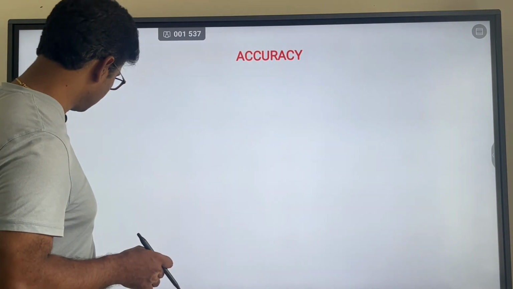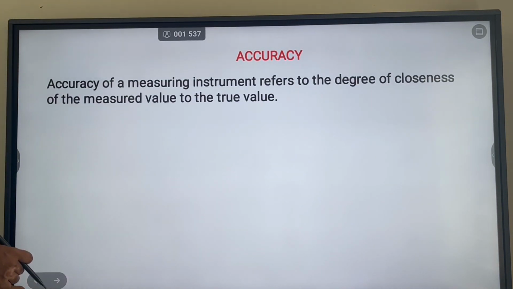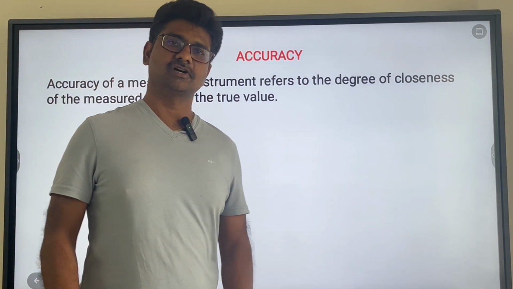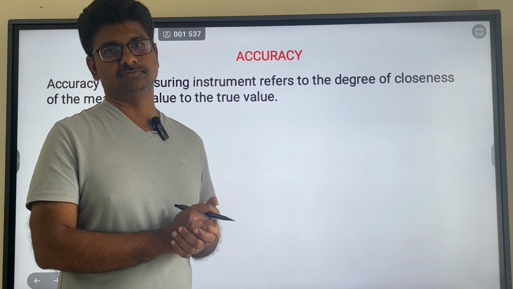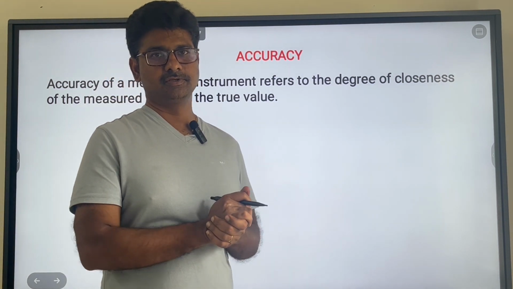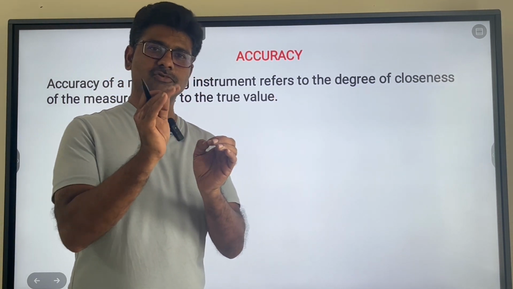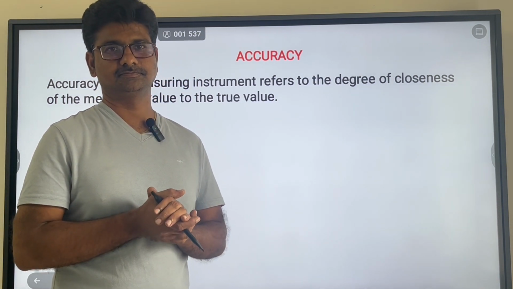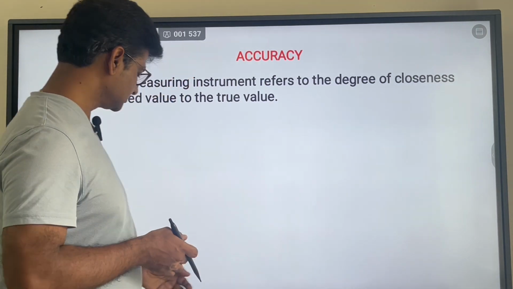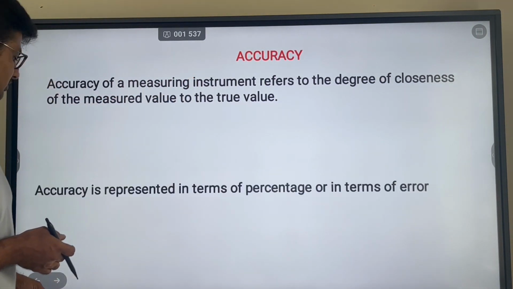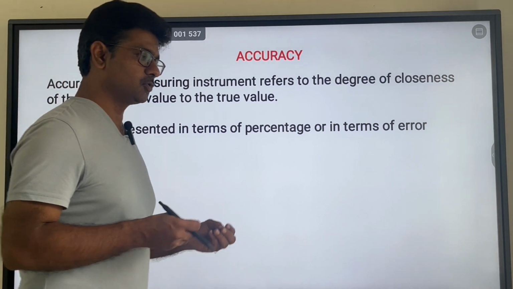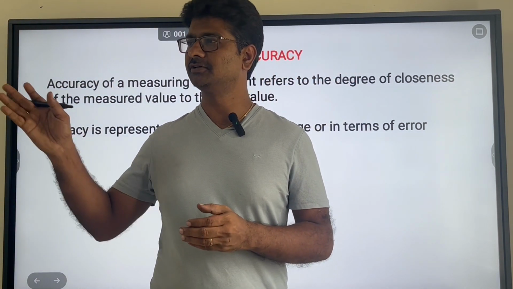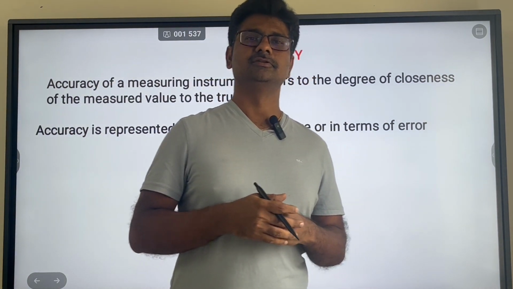So let us try to understand what accuracy is now. It is the degree of closeness of a measured value to the true value. If you're very close to the true value, then you are accurate. Suppose you want to guess something. A vehicle is moving.